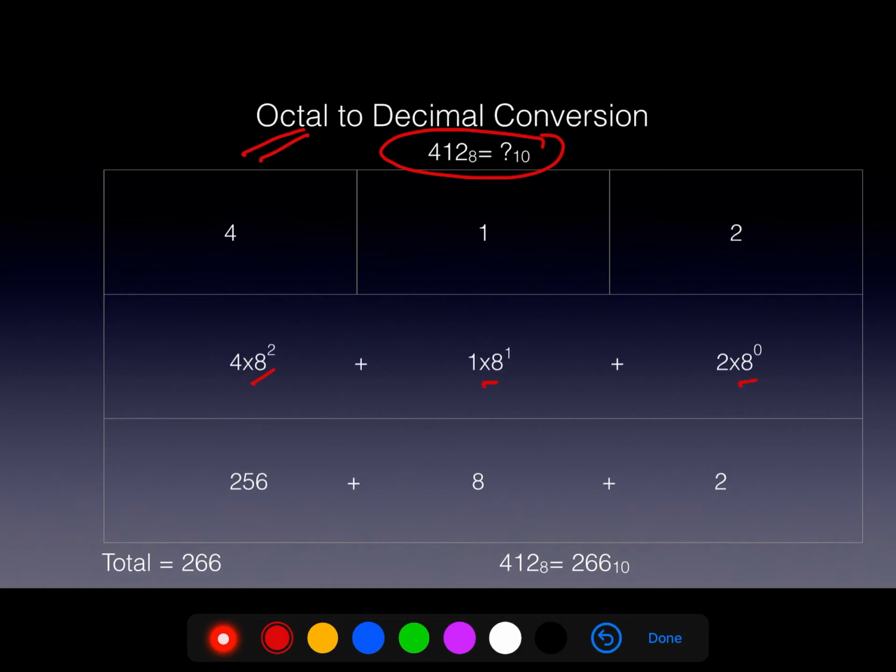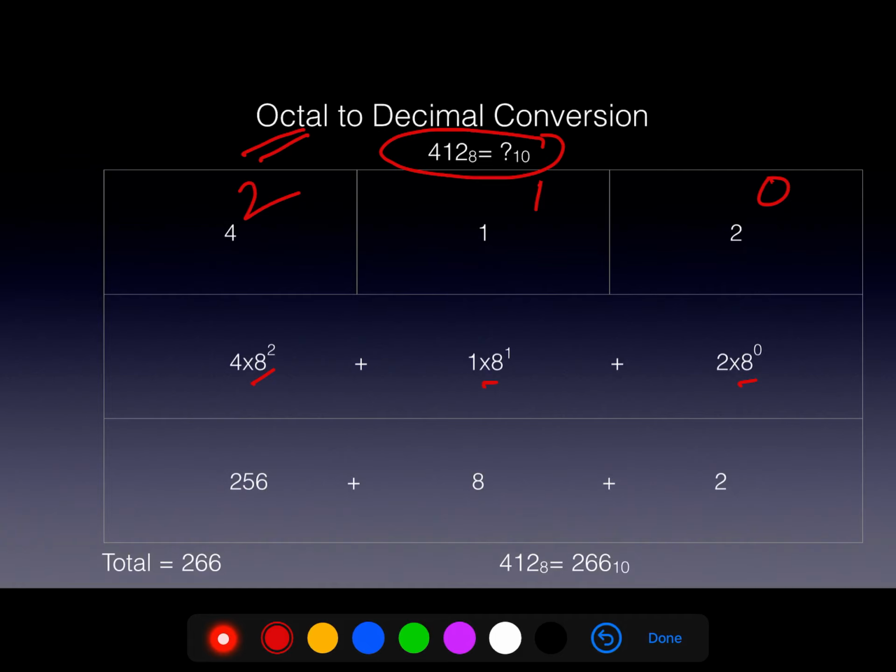Quite simple. We have 4 multiplied by 8 raised to the power 2, because this is position 0, this is position 1, this is position 2, plus 1 multiplied by 8 raised to the power 1, plus 2 multiplied by 8 raised to the power 0.